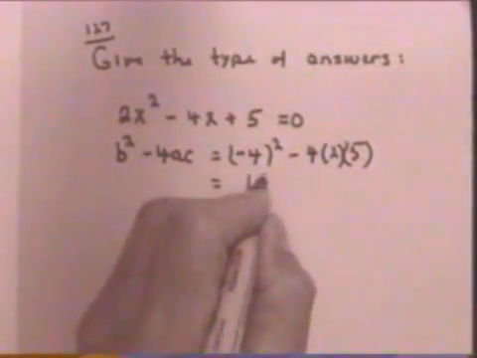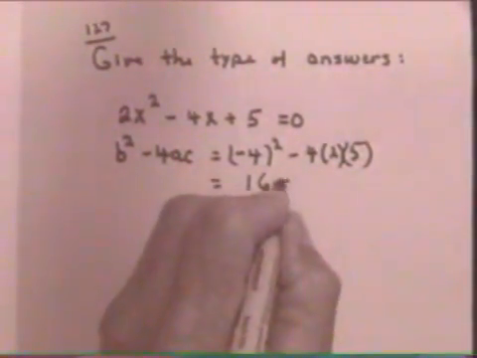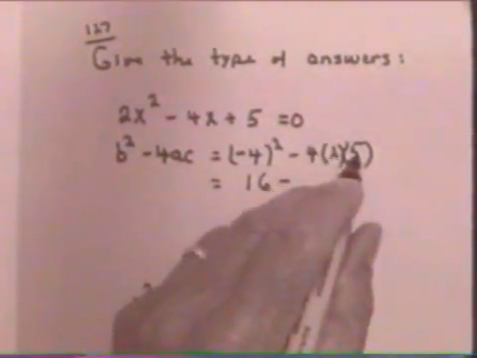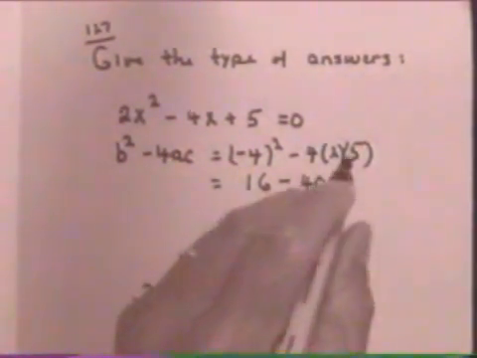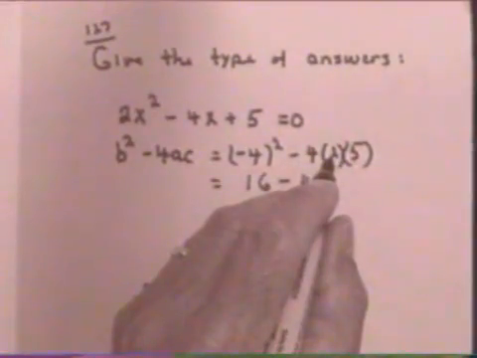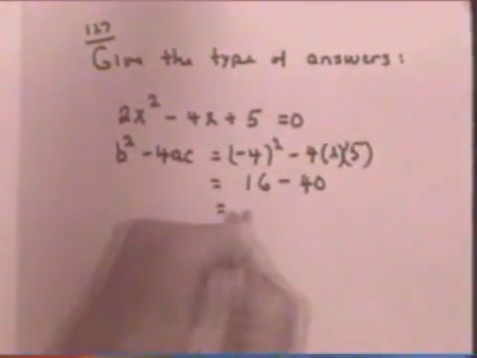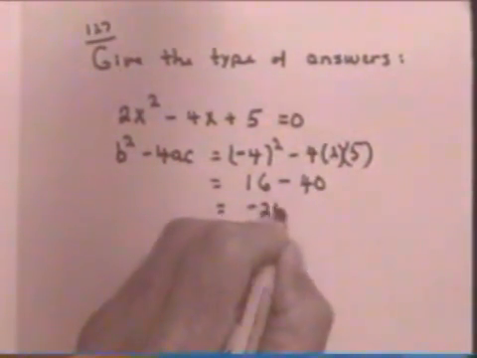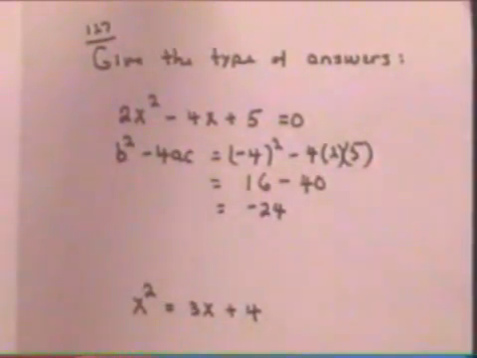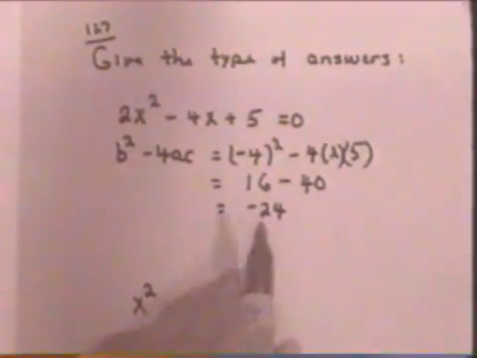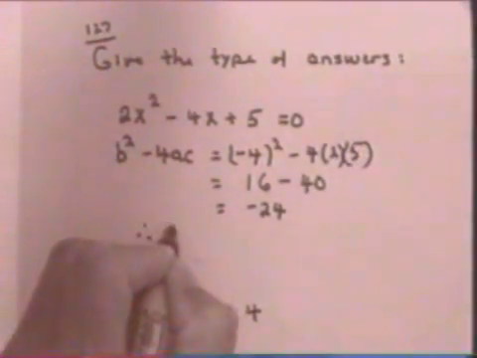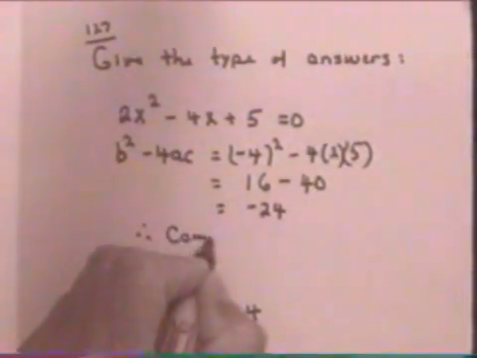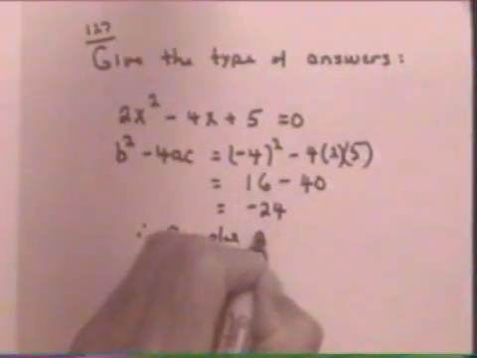Negative 4 squared is 16, minus 4 times 2 is 8, 8 times 5 is 40, 16 minus 40 is negative 24. Now if the discriminant is negative, then we have complex answers.